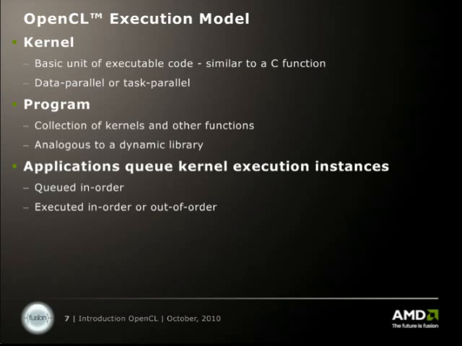And so you can see it as very similar to a dynamic library in some ways when you collect them together into what's called a program. A program is a collection of kernels and other functions. Kernels have this property that they can be externally visible and externally called from the host, while functions can be called from kernels and other functions, but are not externally exposed to the host program. So you can see them as analogous to static functions in C, for example, if you're familiar with that.